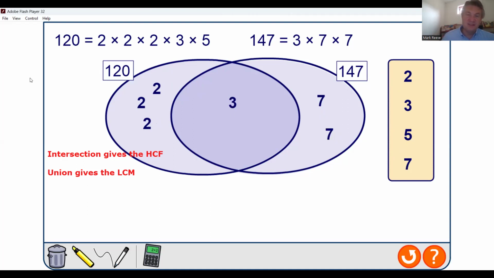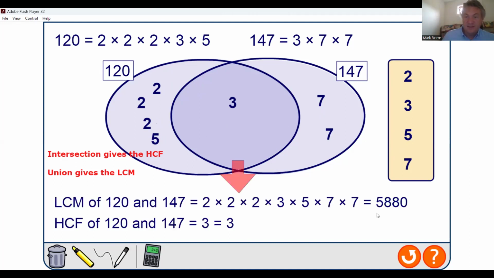So the highest common factor of 120 and 147 is 3, because there's only a 3 in the intersection. And the lowest common multiple is given by 2 cubed times 5 times 3 times 7 squared, which gives us 5,880.